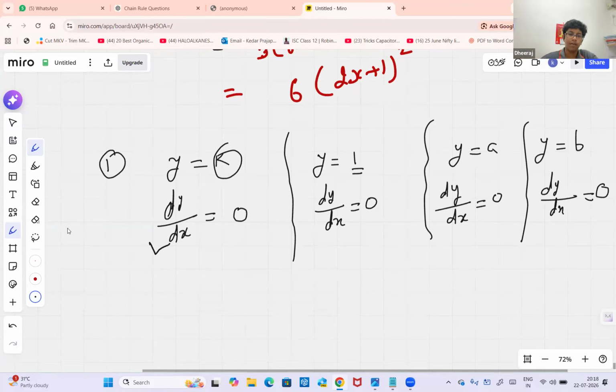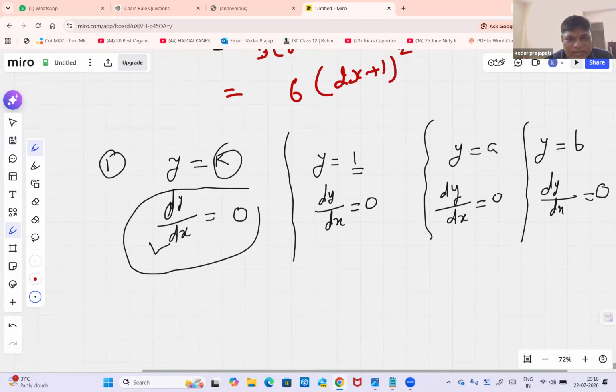But if x changes, y won't change. The meaning of differentiation of a constant being 0 is, see, the quantities here are y and k. So y is dependent on k. Y is not dependent on x. Correct?